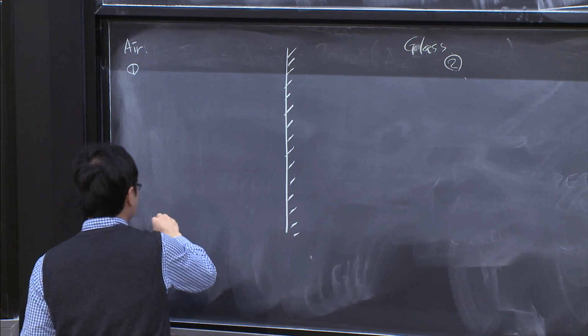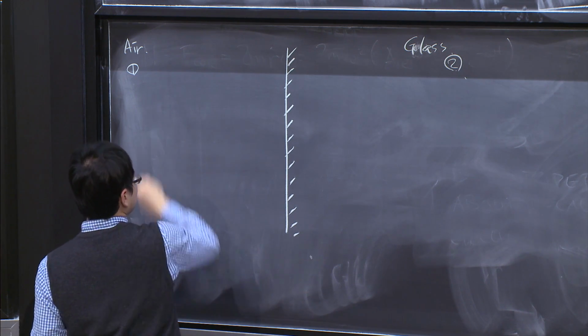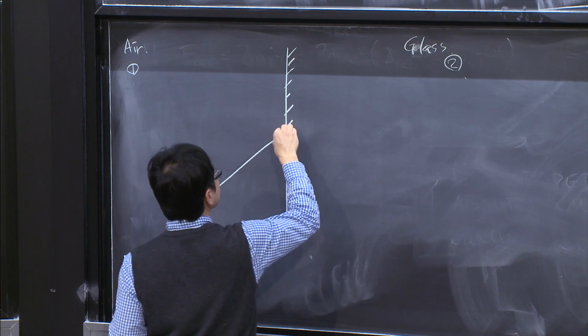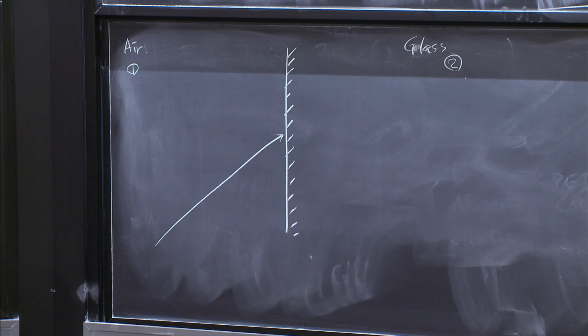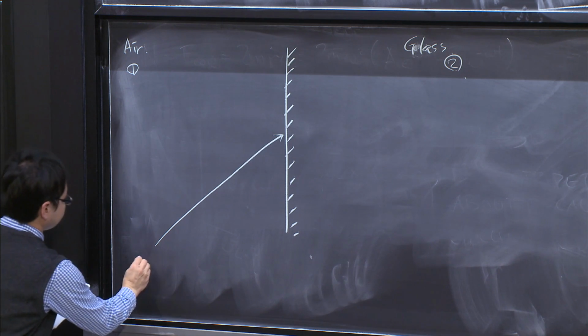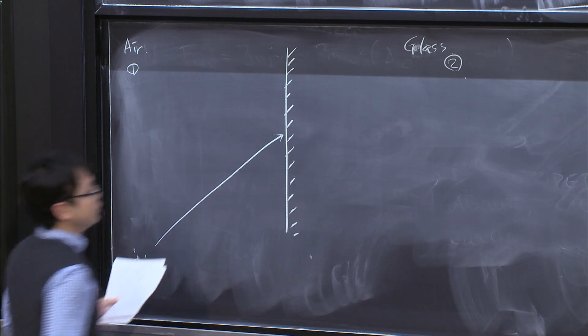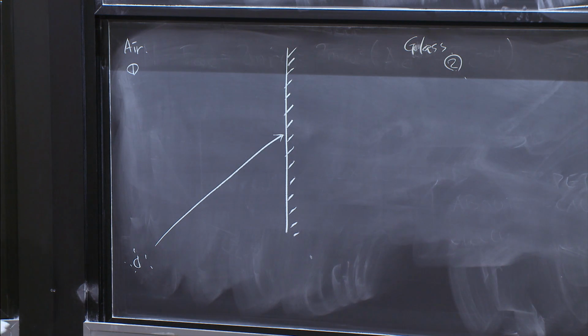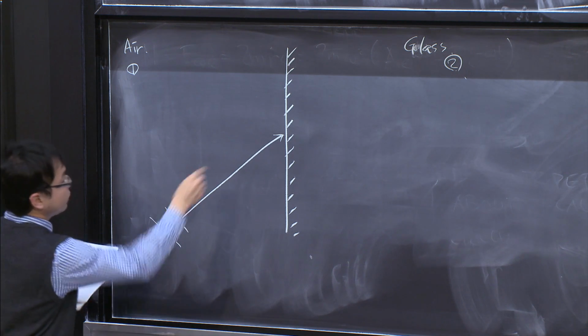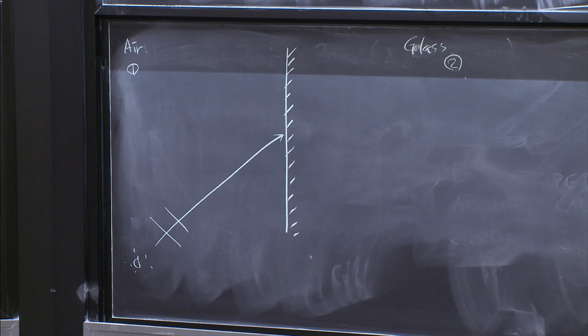Now I have, again, an incident plane wave coming from the sun, and it goes into this surface, the boundary between air and glass.